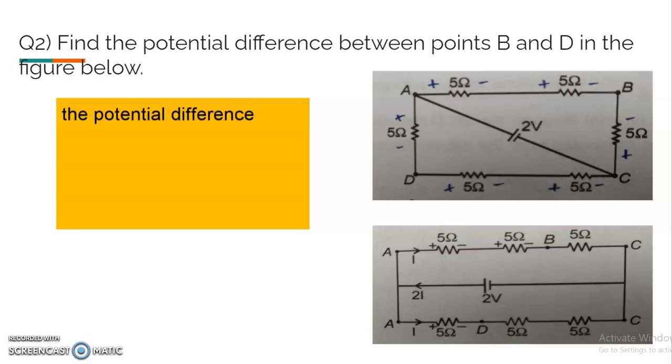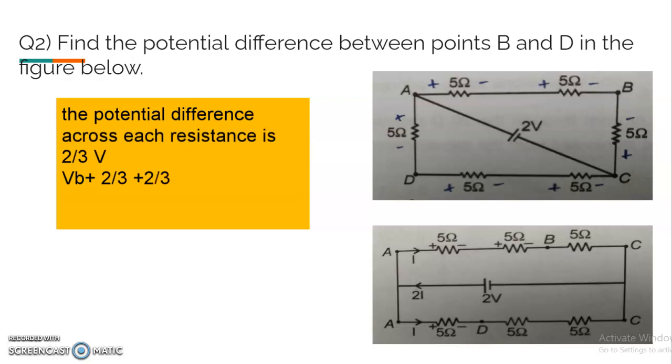Let me write this. Each resistance is 2 by 3 V. Okay. So now VB plus 2 by 3, and here also it will be plus 2 by 3 because it's from negative to positive, alright?